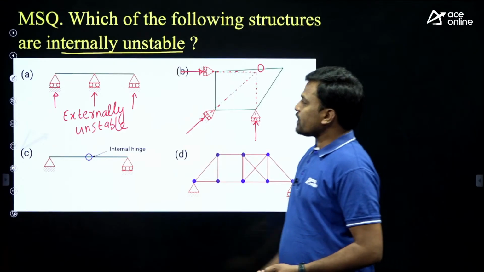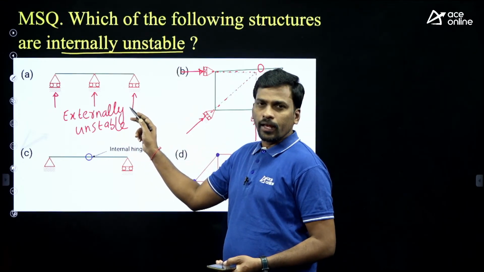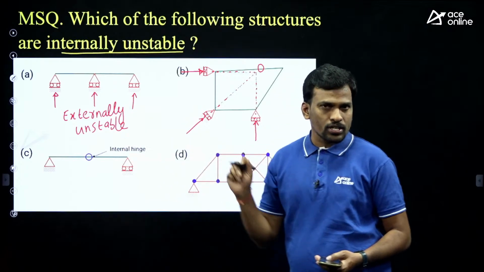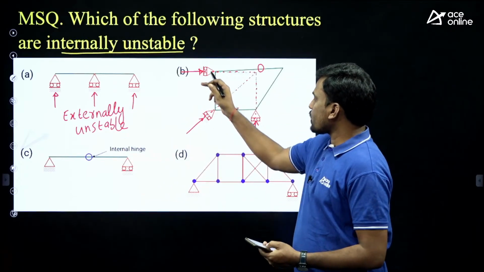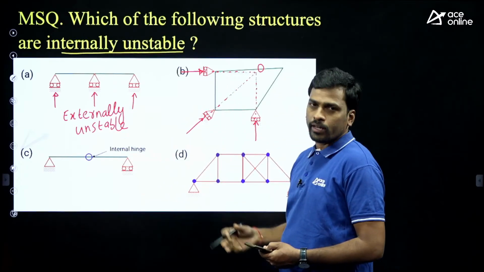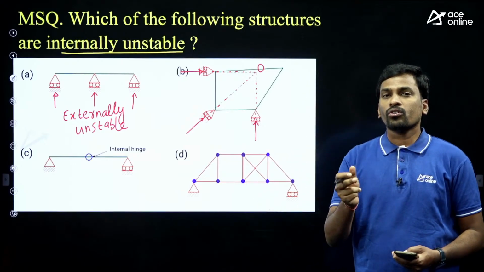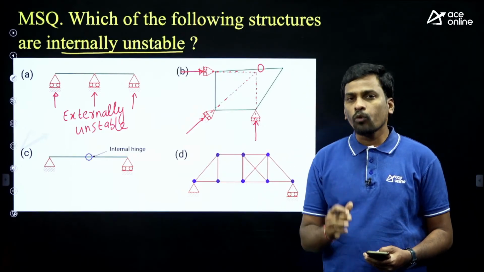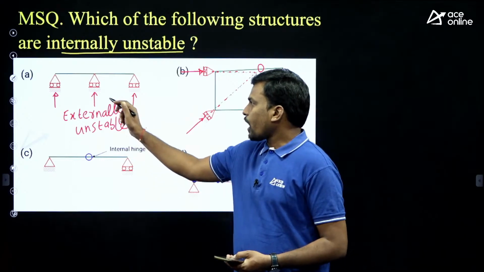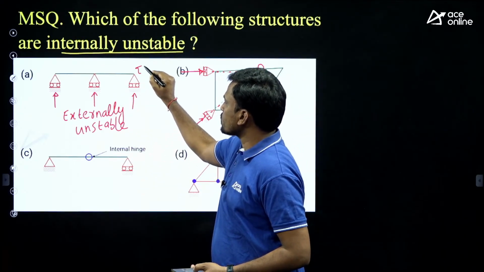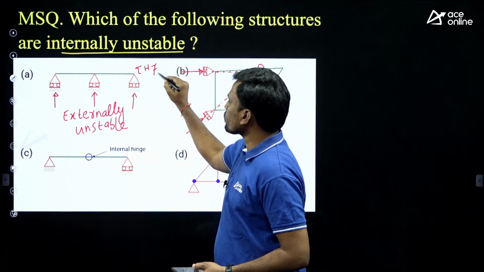So if all the support reactions are parallel, rigid body translation takes place. If all the support reactions are concurrent, rigid body rotation takes place due to moment. It means here the horizontal equilibrium equation is not balancing.